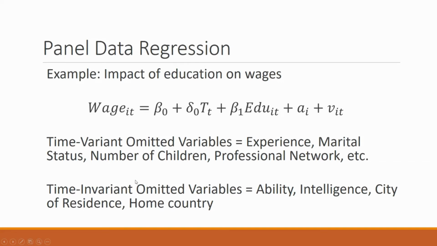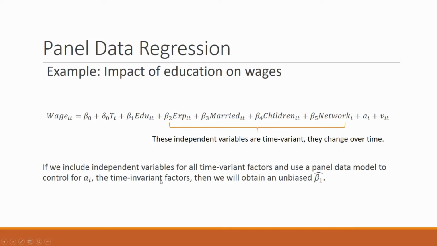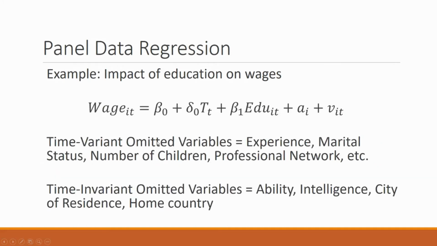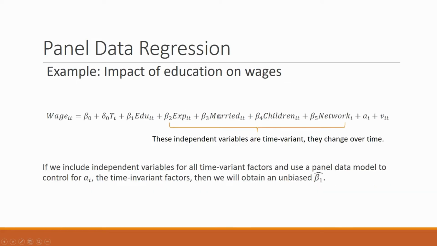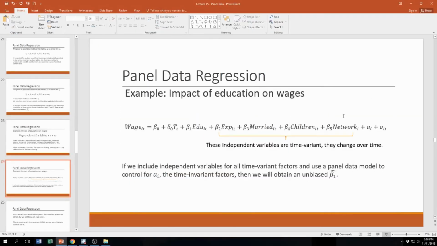So these are some different variables, and what we can do is this. We can include the independent variables that are time variant, that means they change over time. So here are the time variant omitted variables. If we have data on experience, marital status, the number of children, some measure of people's professional network, things that change over time, we can include those in the model. I'm realizing that I need to give a t here. There we go.